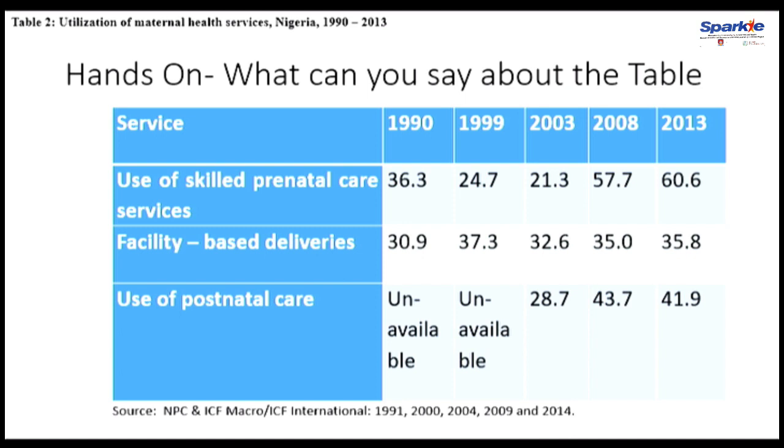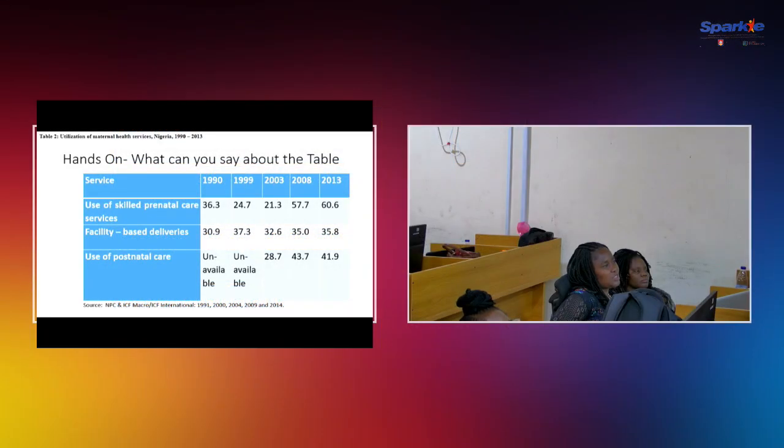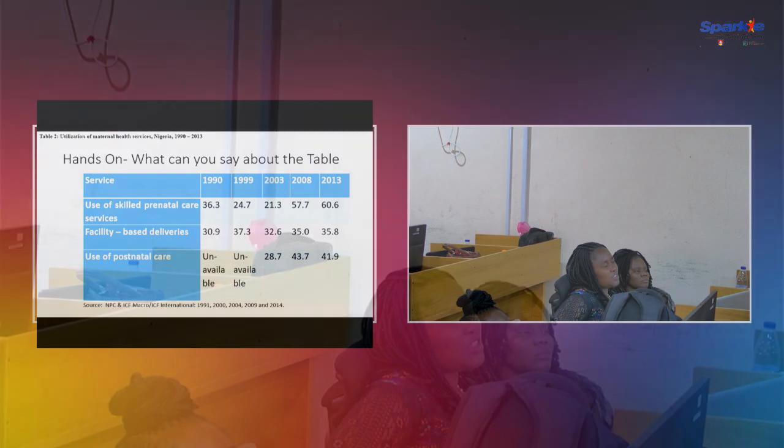Facility-based deliveries: 30.9, 37.3, 32.6, 35.0, 35.8. A modulating trend, not quite stable. Now, use of postnatal care: data not available, and then 28.7, 43.7, 41.9.